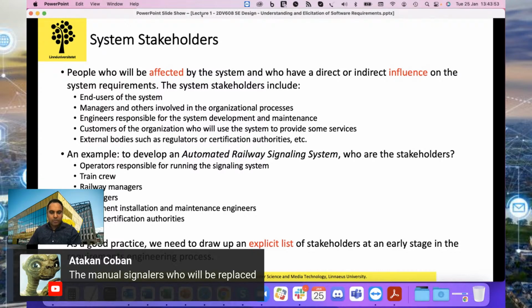What I saw in previous years is that you do not come up with an explicit list of stakeholders. You only think about the two, three, four or five most important stakeholders and you ignore others. So your stakeholders list should be explicit, exhaustive, and have as many stakeholders as possible.